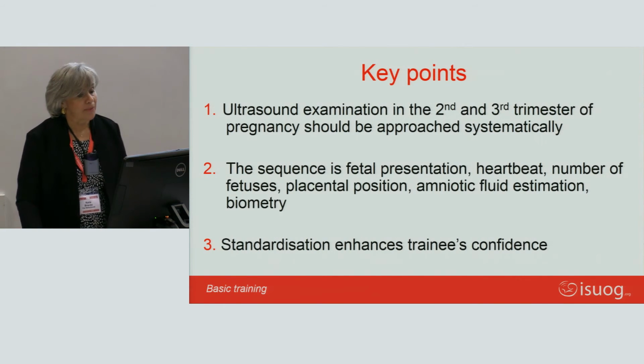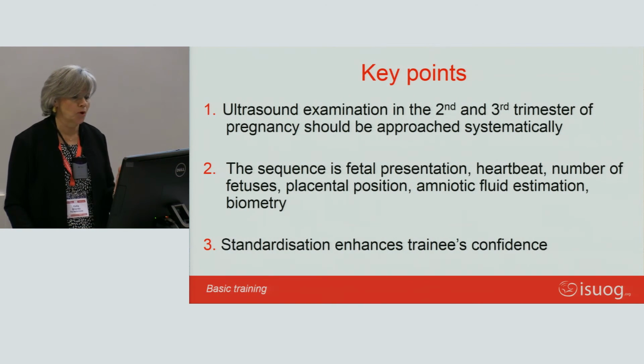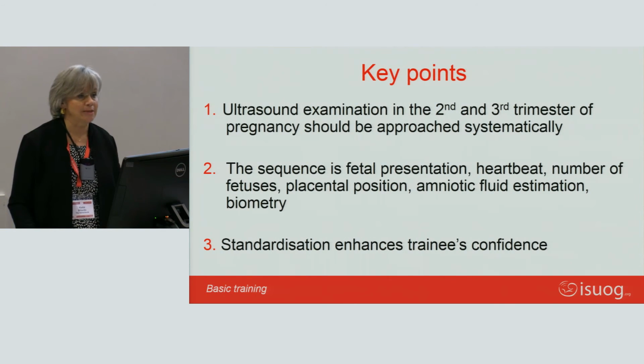So I got to the end of my presentation. And the key points of this presentation are that ultrasound examination in the second and in the third trimester of pregnancy should be approached in a very systematic fashion. The sequence is, first of all, fetal presentation, then check heartbeats, then the number of fetuses, then the placental position, then evaluate the volume of the amniotic fluid, and then as last perform biometrical measurement.